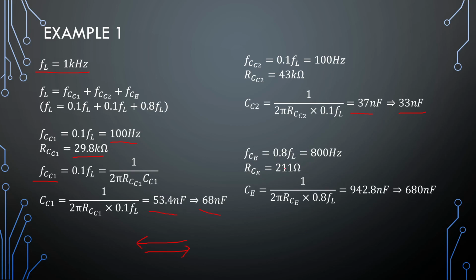Then for the emitter capacitor, I found this to be 943 nanofarads basically, and I chose it to be 680 nanofarads, which is downwards, which moved our frequency a bit up. And when I was simulating, I found that picking this 1 microfarad is too far of a jump with this low resistance here, and it moves our frequency too far away.